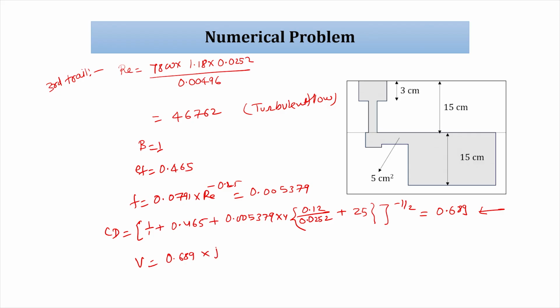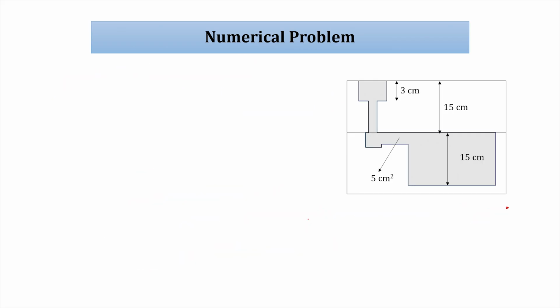So, velocity will be 0.689 into root of 2g ht, 0.689 into 1.716, that is coming 1.18 meter per second only. So, velocity is not changing now. So, we can say CD is 0.689 after addition of all the losses.